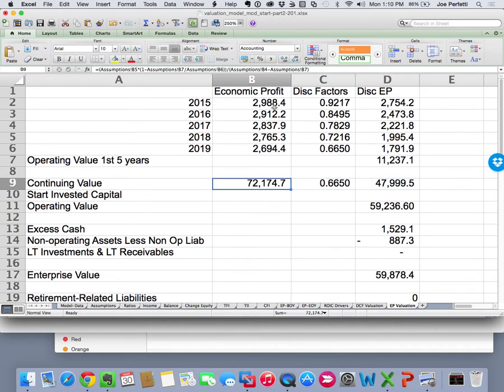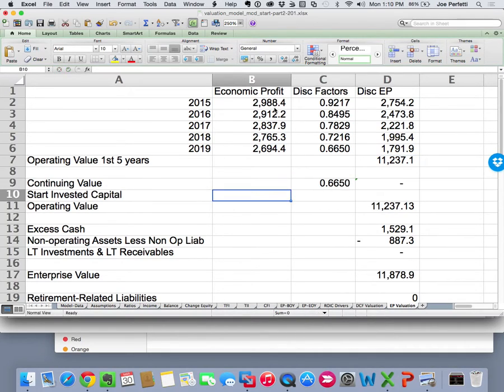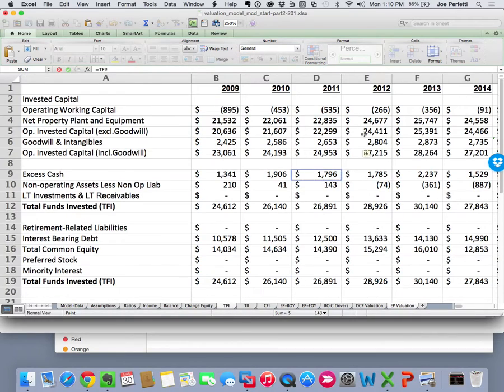Then I need the change in value of the continuing value. It's going to be a different formula for the continuing value equation. I add that to the operating value. Add that to my beginning invested capital. I get my operating value. My beginning invested capital or starting invested capital equals, from the TFI, 2014 operating invested capital, including goodwill.